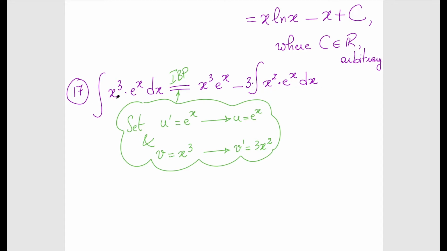The problem now is down to this. It looks like we still have an integral of this form to integrate, but realize that the power here has decreased by 1. If we do integration by parts one more time, this power is going to decrease 1 more, to get x e^x, and a third time is going to reduce x to power 1 to x to power 0, which means 1.